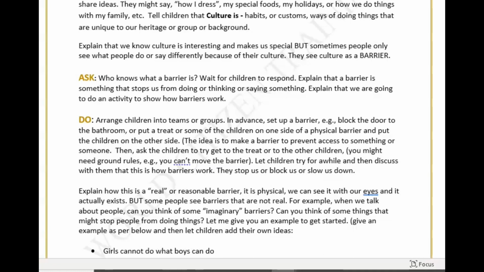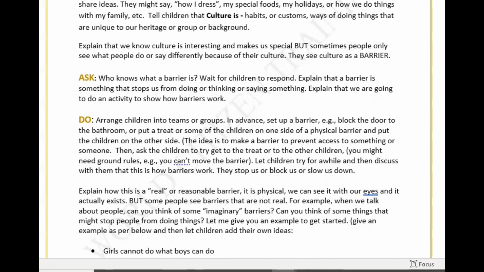And in the end, we hope that some children might actually say to the other children, let me help you get over, or let's go around the barrier, or I'll pass you some candies or stickers through the barrier, those kinds of things. Sometimes they'll create a way to communicate across the barrier.